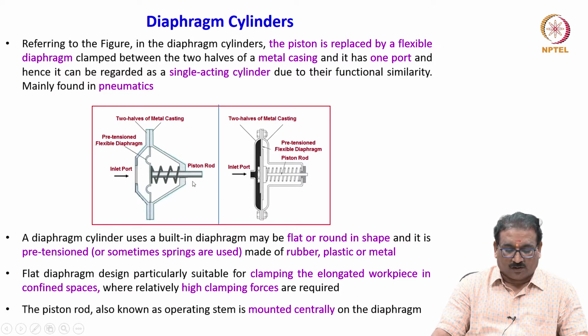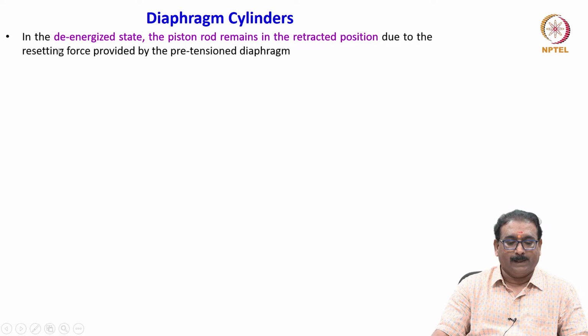The piston rod, also known as the operating stem, is mounted centrally in the diaphragm. In the de-energized state, the piston rod remains in the retracted position due to the resetting force provided by the pre-tensioned diaphragm.